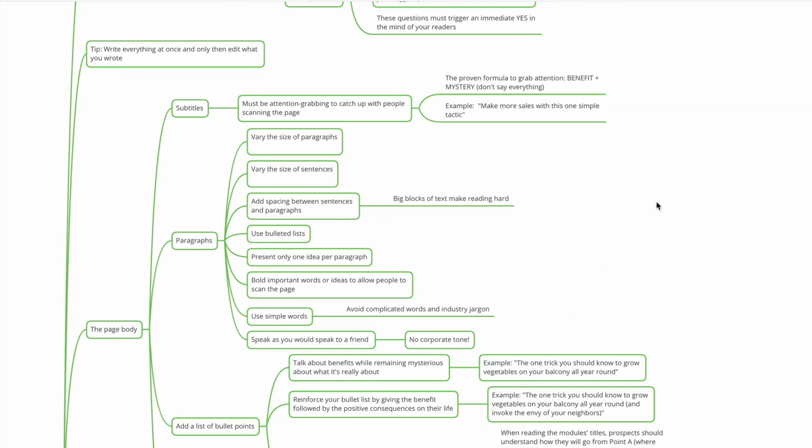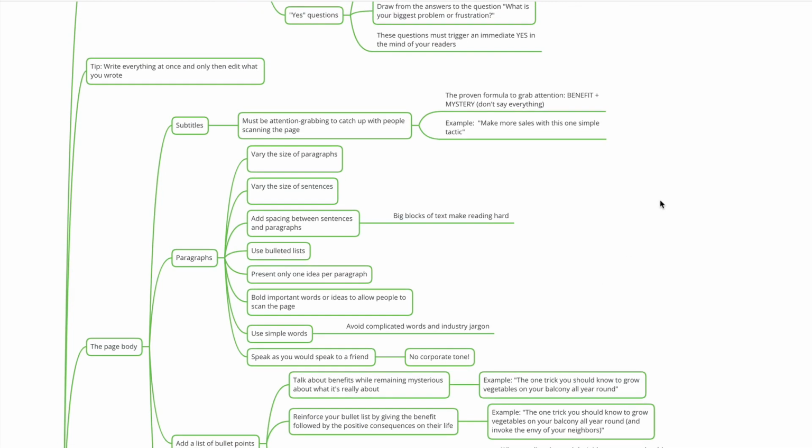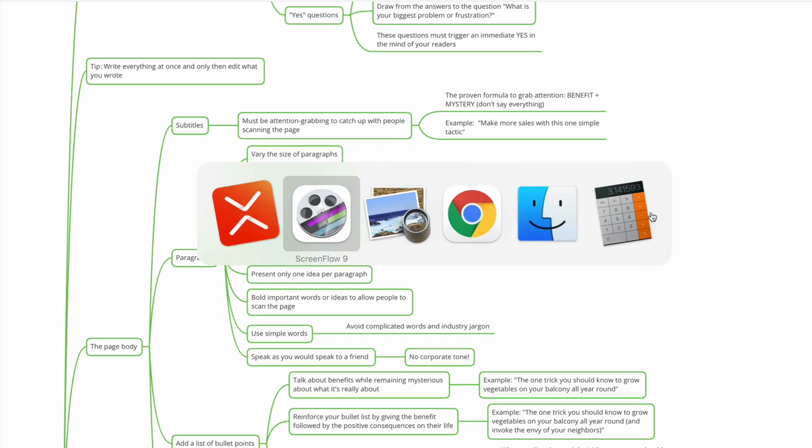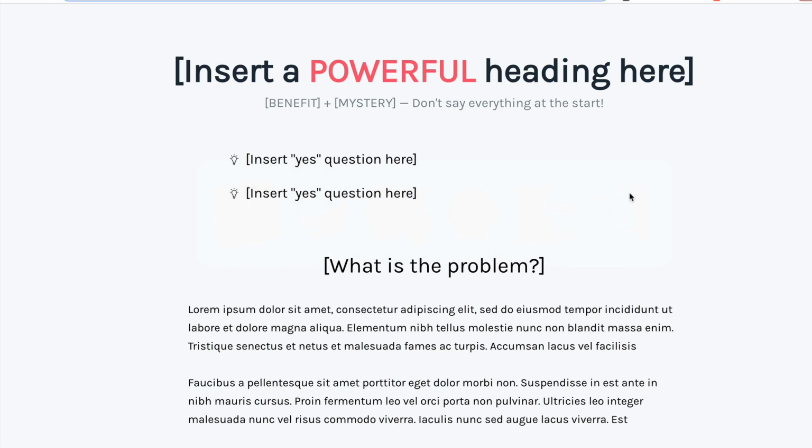So in the page body, you're going to have subtitles, and subtitles are very important because most people will scan the page, they won't read the entire copy. So with the subtitles, they're not subtitles, it's a mistake. They're sub-headlines. For example, I'm going to show you a template that we have for you.